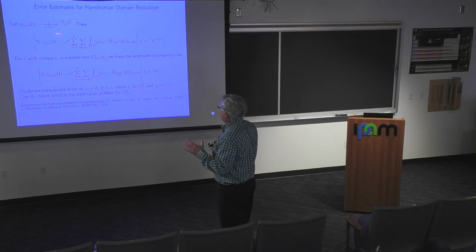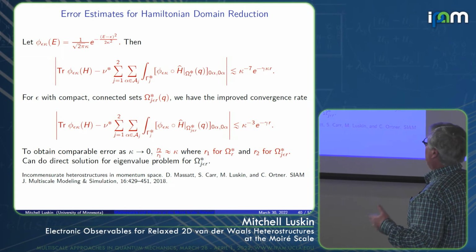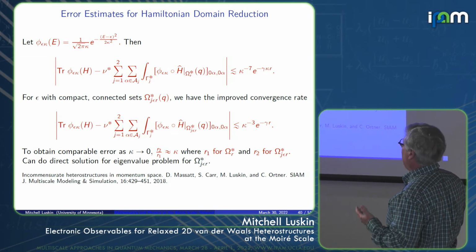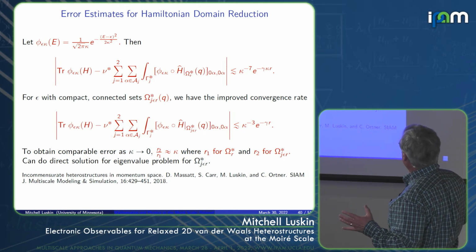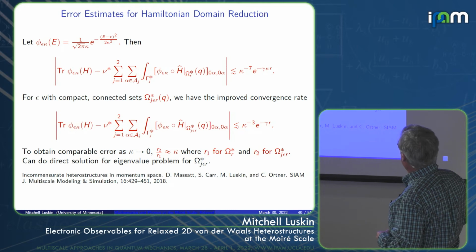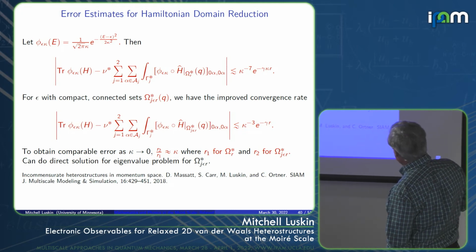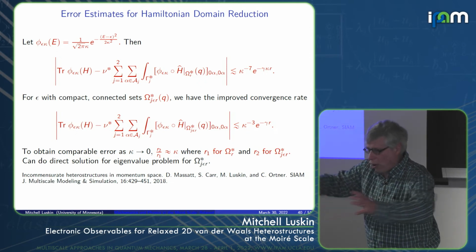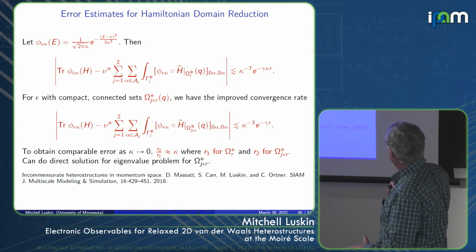Okay, so here's a Gaussian, and recall that what I really wanted to do was take the trace of these Gaussians applied to the Hamiltonian, and in real space we end up with this kind of error estimate. This is in terms of R, those problems I'm solving at each point in configuration space.